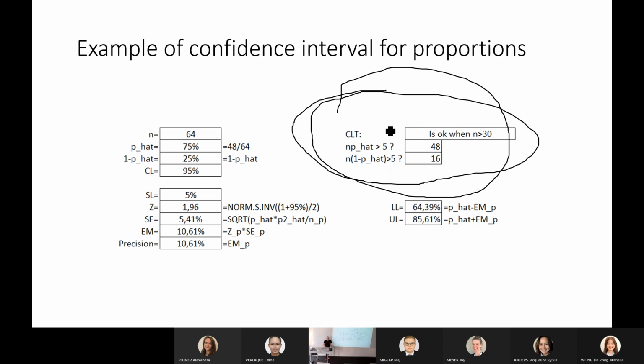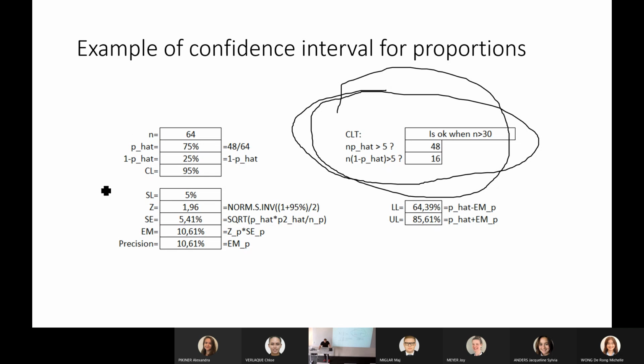Is it less than 30? No. We have to stop at this moment, because we can't calculate the confidence interval for proportions if it is less than 30. Also, the number of p hat must be more than 5. Also, the other one must be more than 5. And then we can actually start.